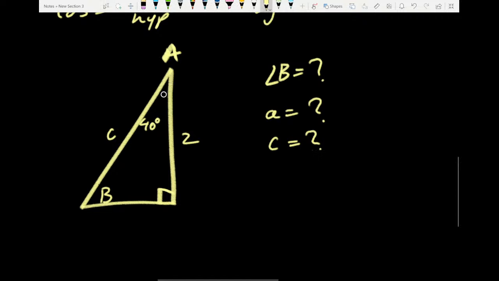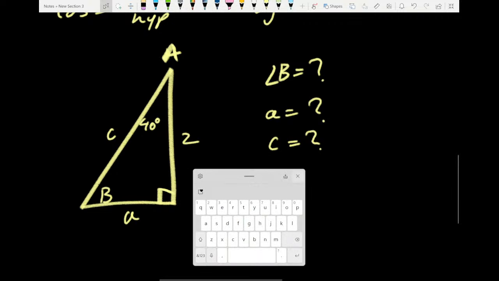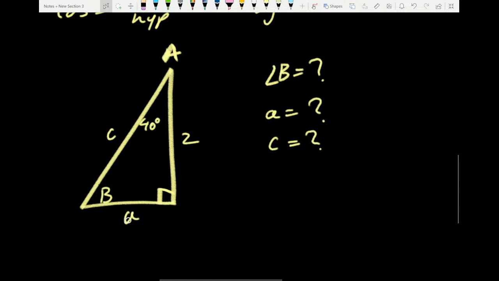So according to this angle, we want to find this side, and you have the adjacent side. So what trig function lets you use opposite and adjacent? Tangent. Tangent of A gives you opposite over adjacent.